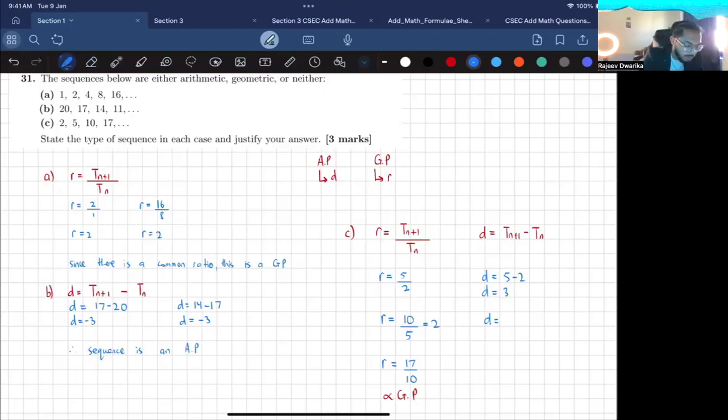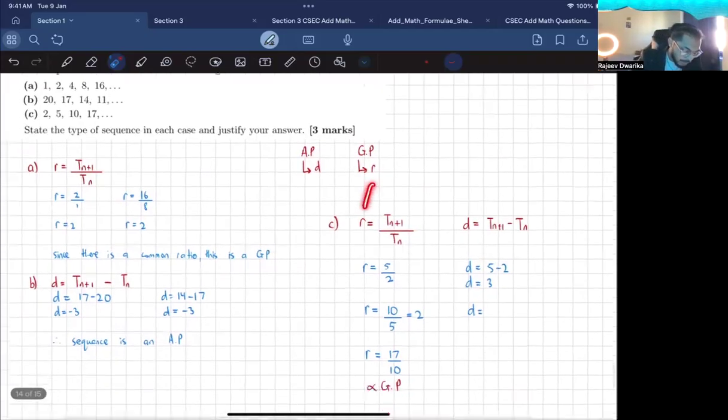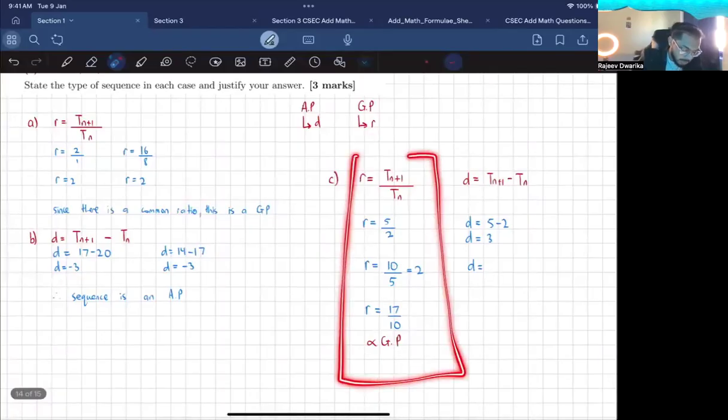Javon, we're trying to prove that it is neither. If you're trying to prove that something is neither, you have to test whether it has a common ratio or a common difference. We've already shown it has no common ratio, so it can't be a GP.